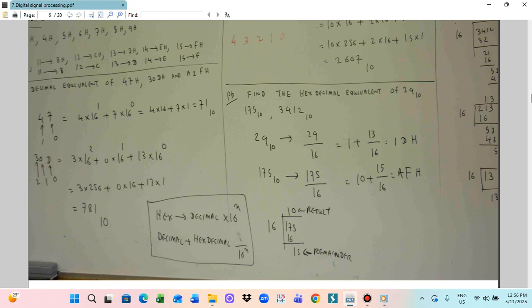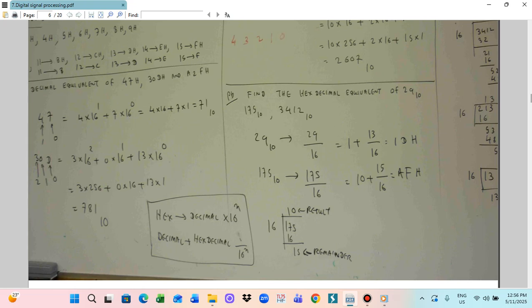Second, you have to divide 213 by 16. So 213 by 16, you got 13 plus 5 by 16. In this case the result is 13, remainder 5. So you just write remainder 5. Then 13 is divided by 16.